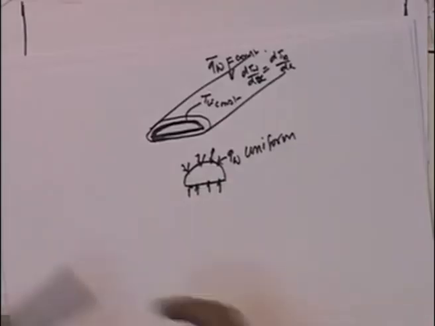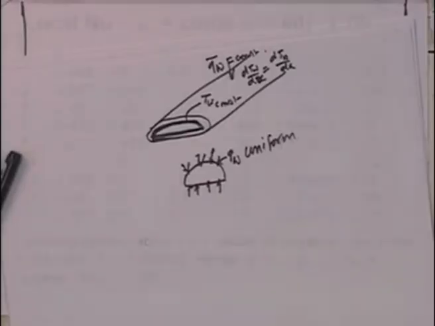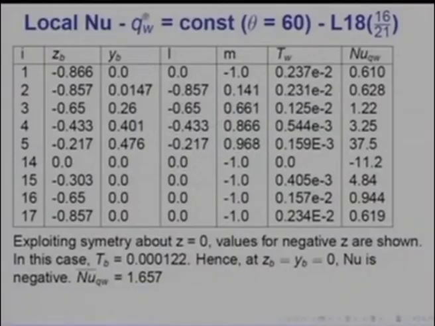Again, I have considered uniform simply because it is a case in which some published solutions are available. So, again exploiting symmetry, I am giving results for, in this case, not 90 degrees, but 60 degrees, just to make some change. I am considering the case of theta equal to 60 degrees, and these are the points on the curved boundary, and these are the points on the flat boundary.